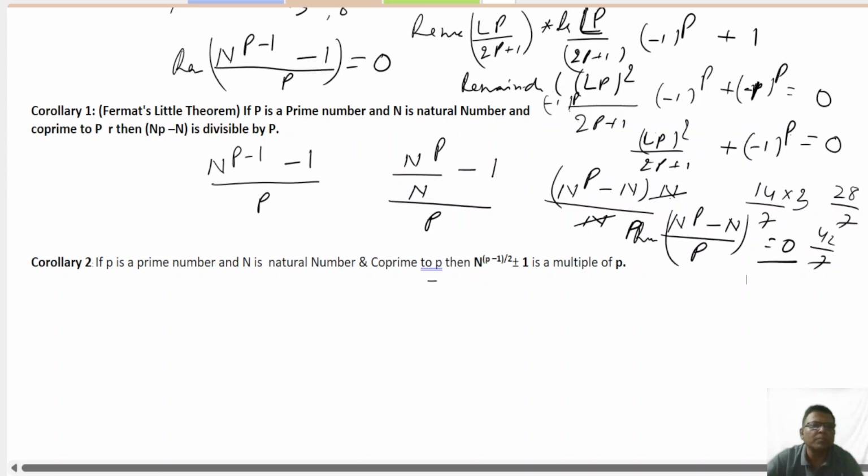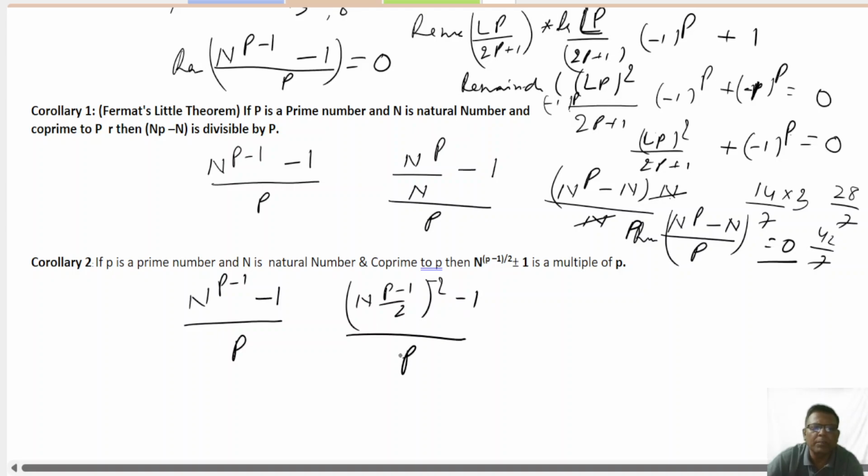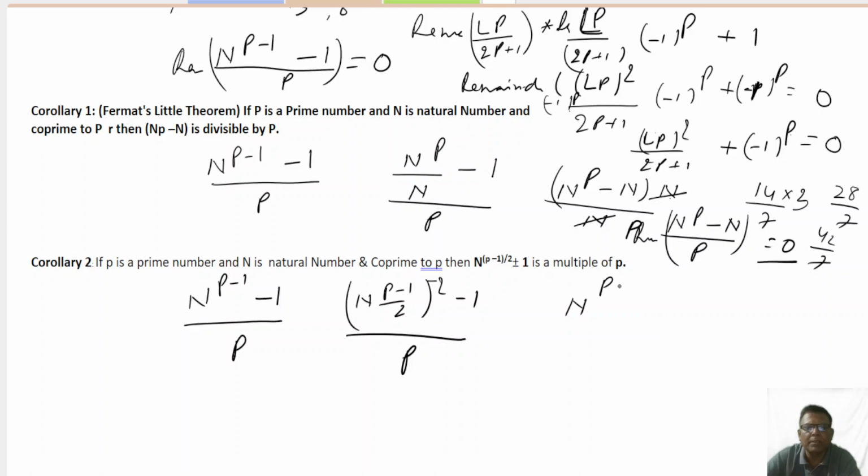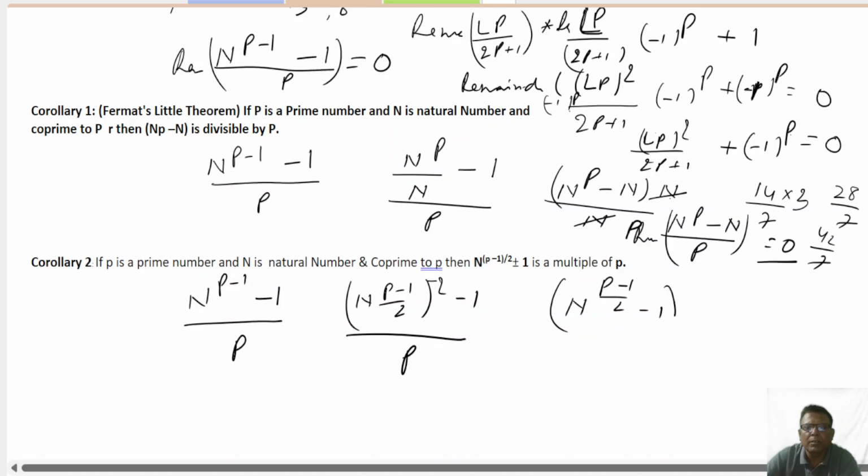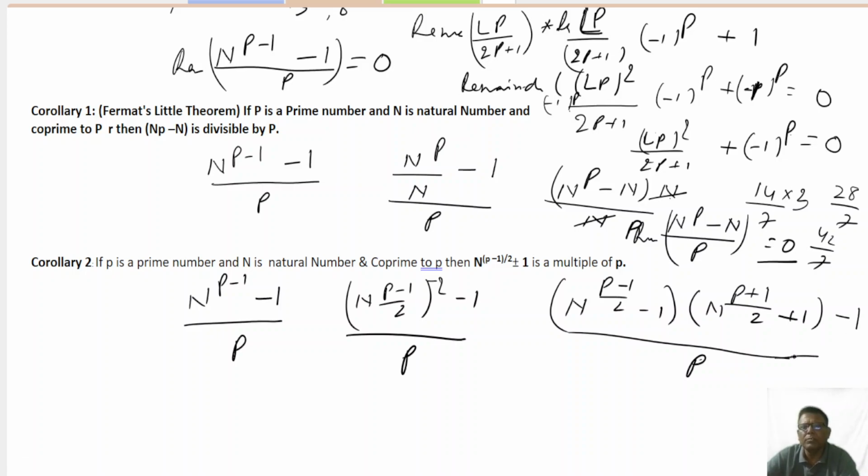So now, one more corollary of this. These are simple because what we have studied is n to the power p minus 1 minus 1 is divisible by p. That means, writing it as a difference of squares, n to the power (p minus 1)/2 minus 1, times n to the power (p minus 1)/2 plus 1, divided by p, the remainder of this will be 0.